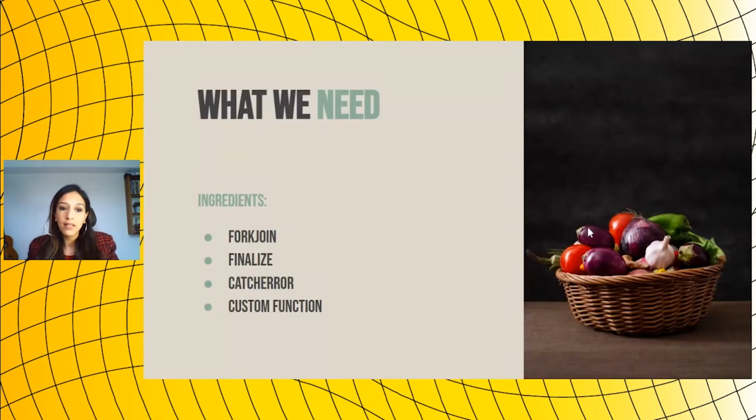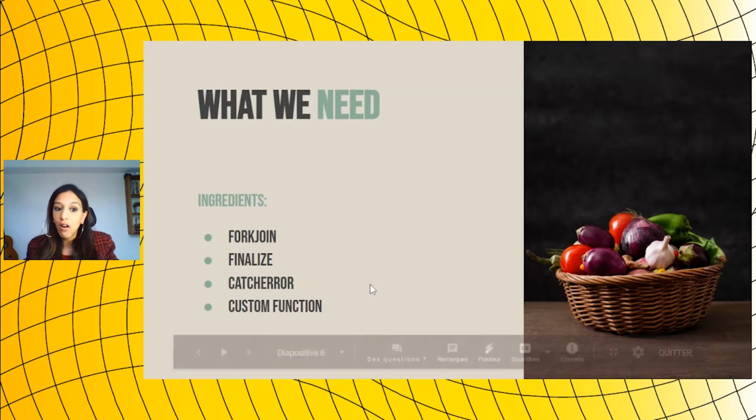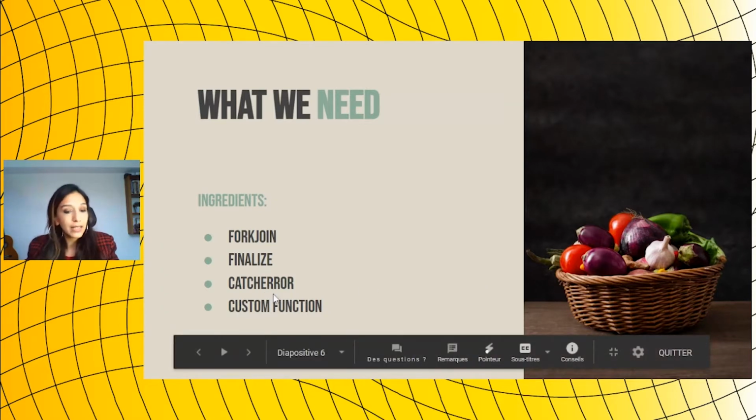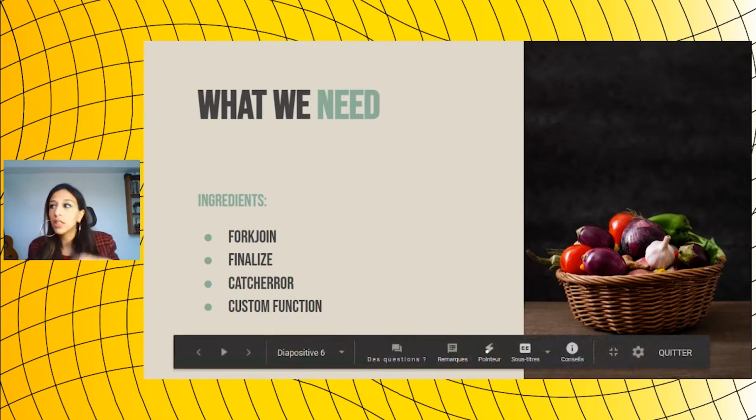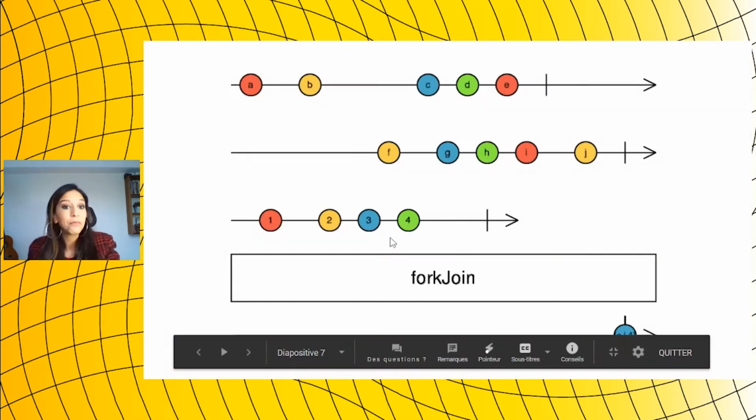The ingredients I will need are the forkJoin, finalize and catchError operators, and a custom function. And of course, an Angular component in which I will emit the action, and an Angular service that will contain the client implementation of the API I'm going to request.